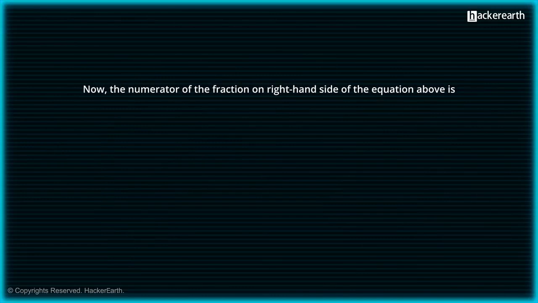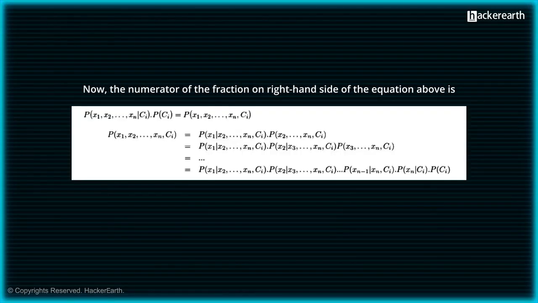Now, the numerator of the fraction on the right-hand side of the equation above is equal to P of x1, x2, up to xn, comma, Ci.